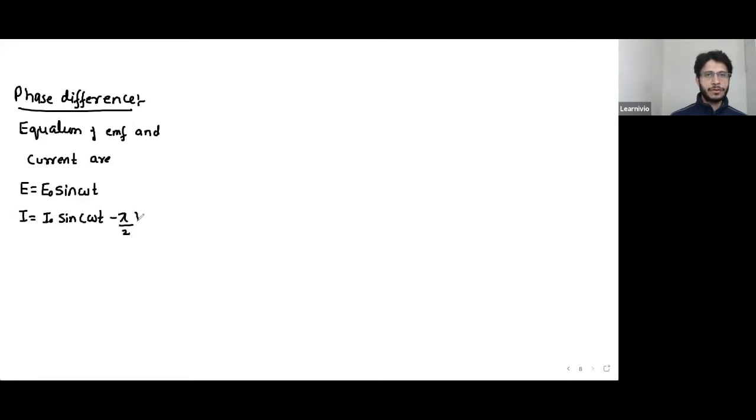This is the equation of current. So if I compare these two equations, it's very clear these two are not in the same phase. They have a phase difference of pi by 2. In fact, current lags behind EMF by a phase difference of pi by 2.